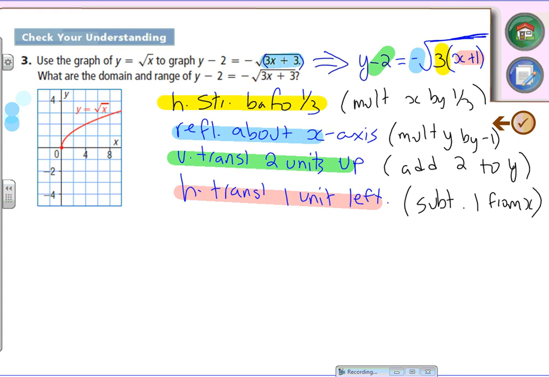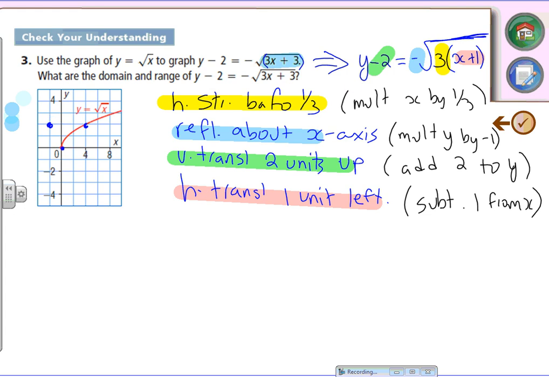Take every point and do that. Okay, so take the point 0 and 0, multiply the x by 1/3, still 0 and 0, multiply the y by -1, still 0, 0, and 2 up, 1 left. So 2 up, 1 left. Plop it right there.